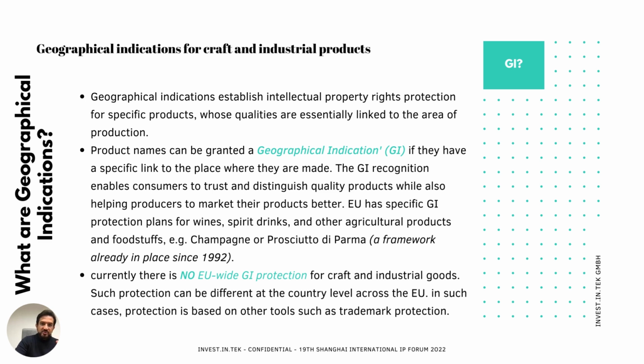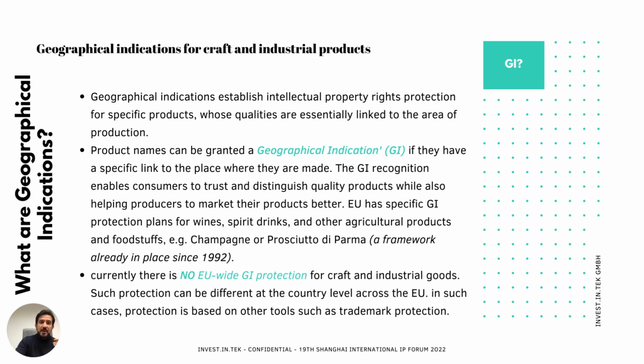GI, or geographical indication, is an intellectual property right that links a specific product to a region, meaning that, for example, the wines produced in Toscana in Italy, or the made in Germany brand.